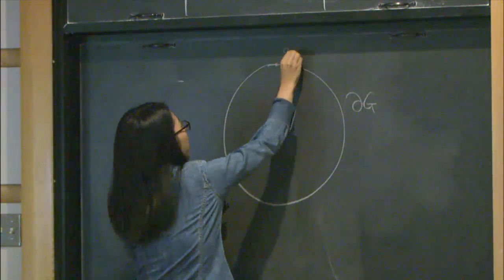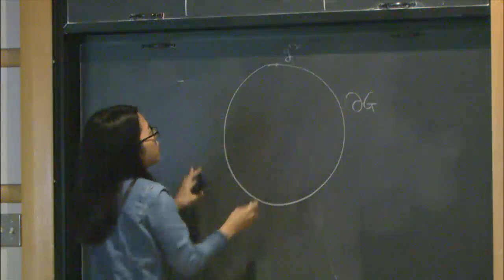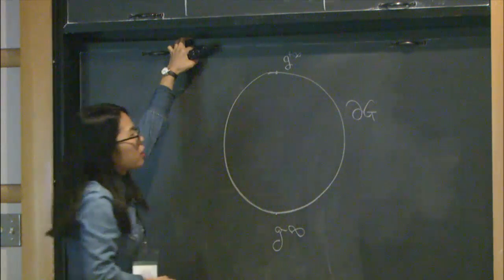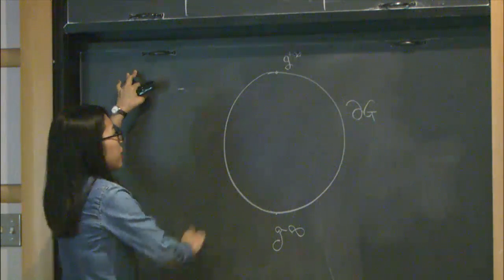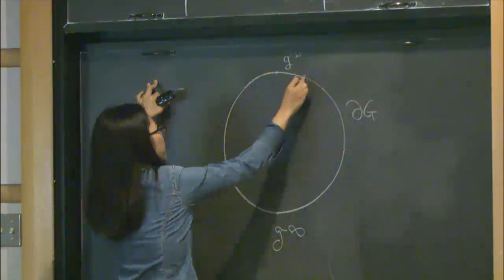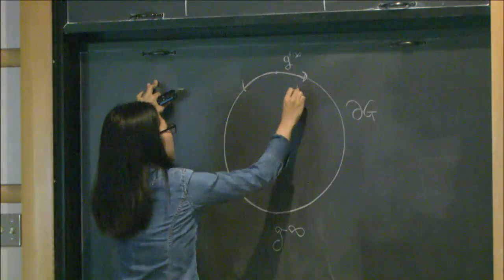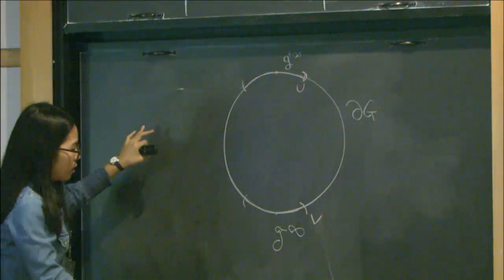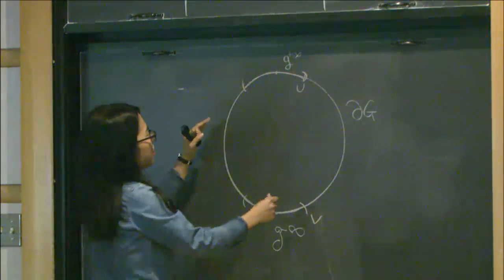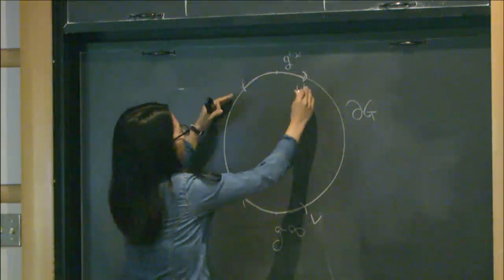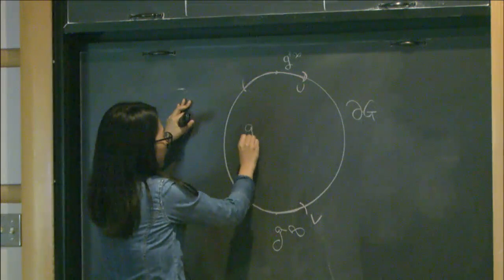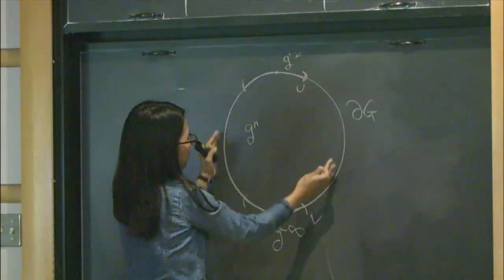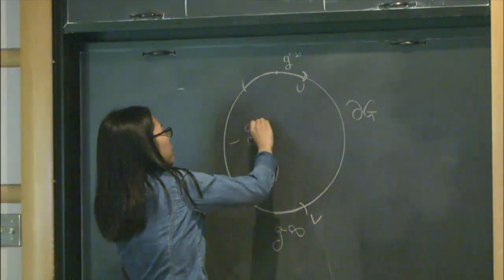So here I have two limit points, g plus infinity and g minus infinity. Then for any open sets U and V, like this, the theorem says that there exists n such that if g to the n acts on the complement of V, then it goes into this set.